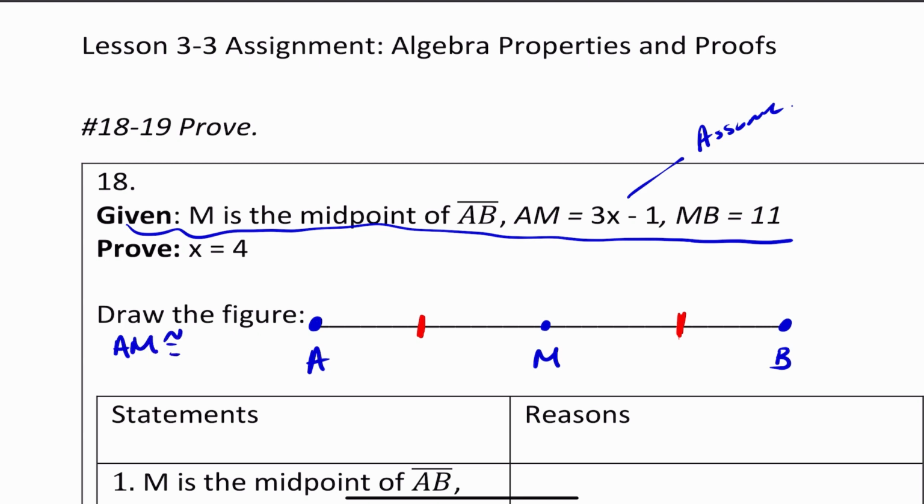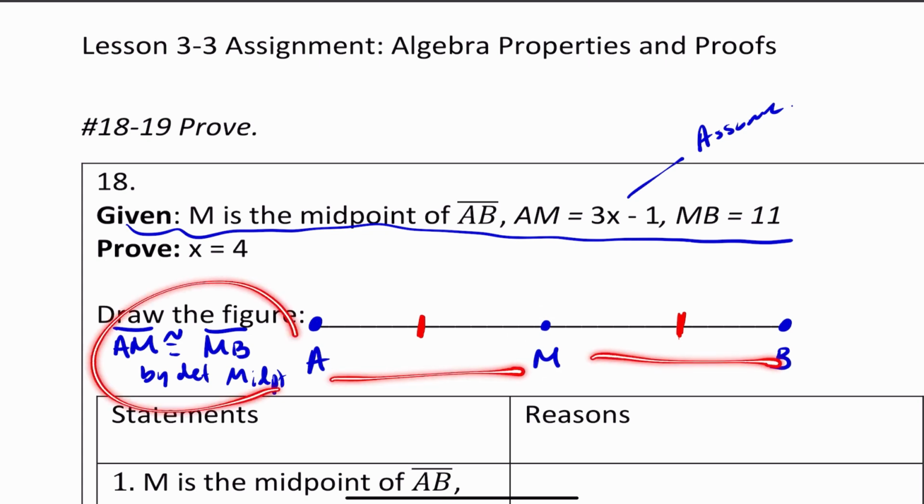Therefore, segment AM is congruent to segment MB, and this is by the definition of midpoint. When you have that midpoint introduced, it splits the segment into two congruent parts. I'm writing notes right here because that's going to help me for my proof.